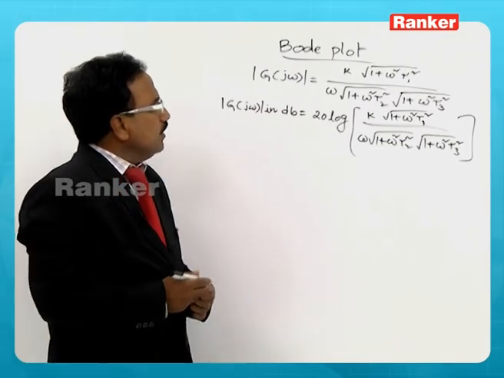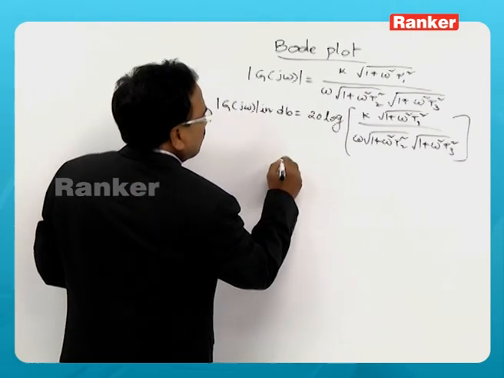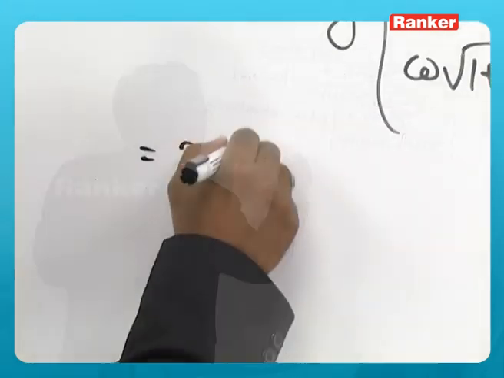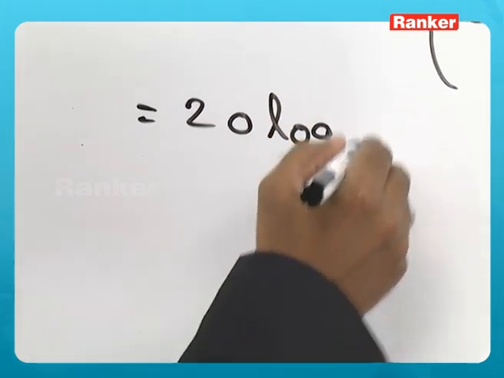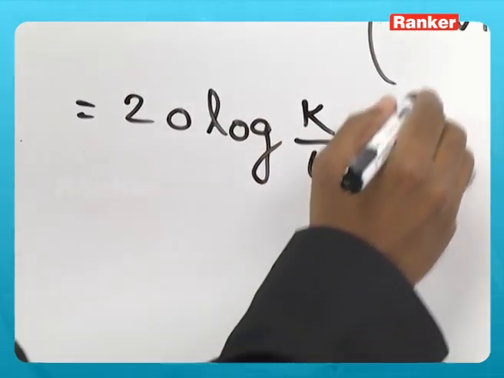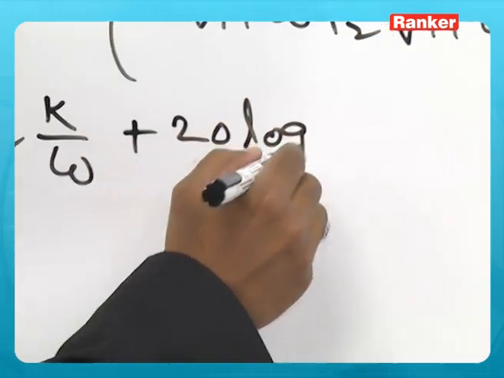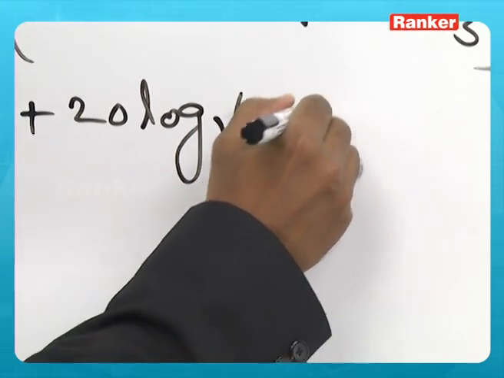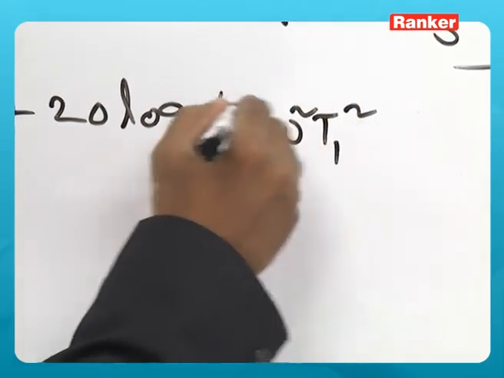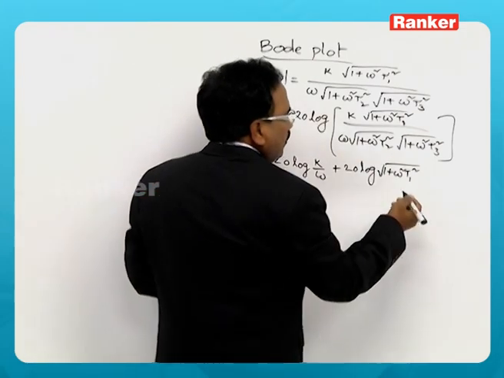So, when you apply 20 log, this can be rewritten this way: 20 log k by omega plus 20 log under root of 1 plus omega square t1 square. This is in the numerator term, and you have a denominator term.